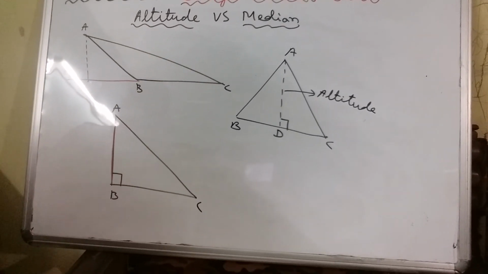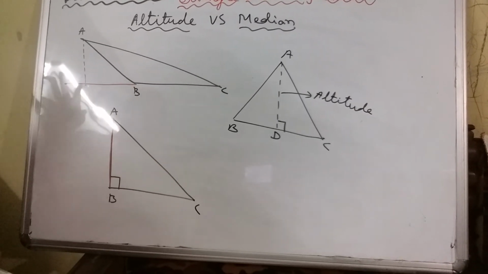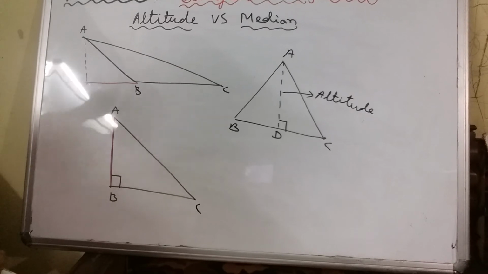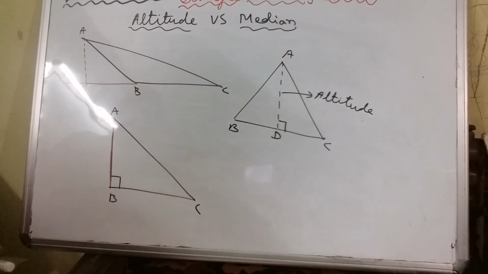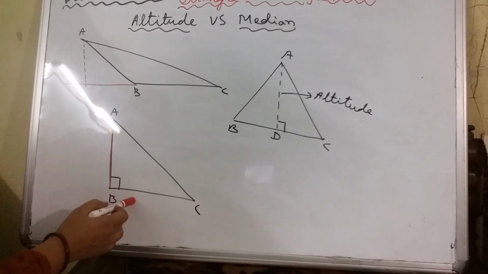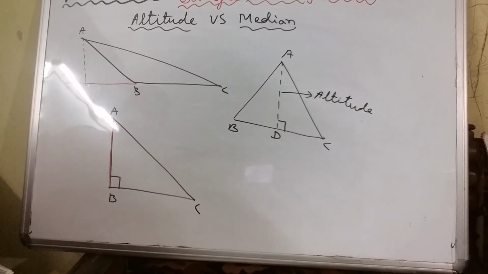Sometimes we get confused between altitude and median, so let's take some examples. Here I have drawn 3 triangles. The first one is an obtuse angle triangle, the second one a right angle triangle, and this is an acute angle triangle.